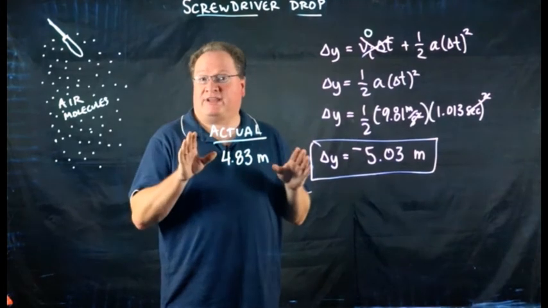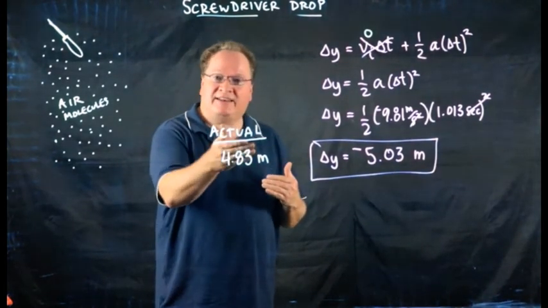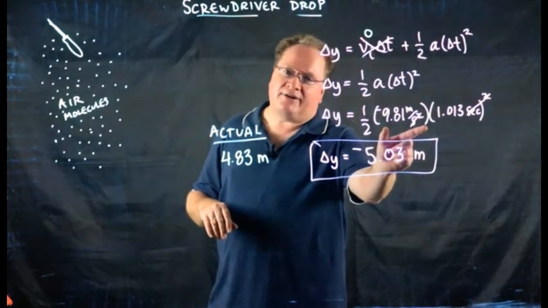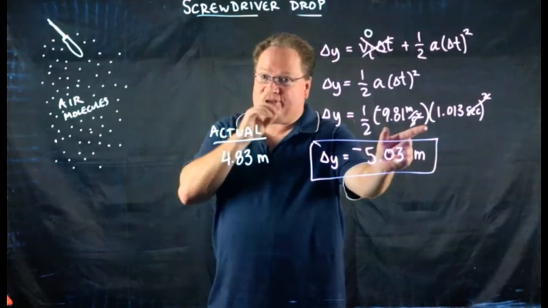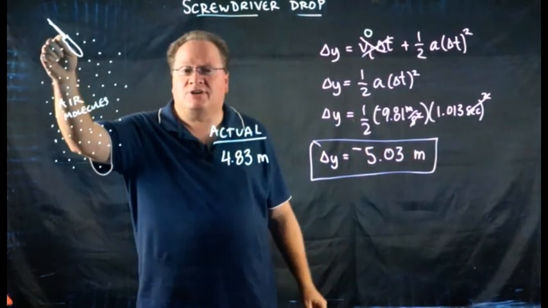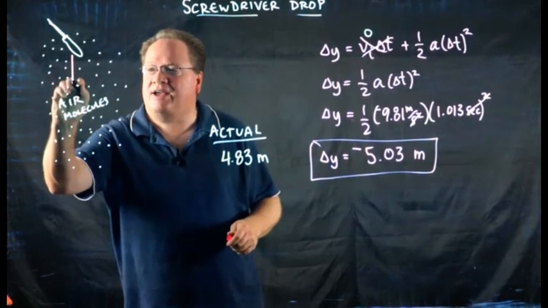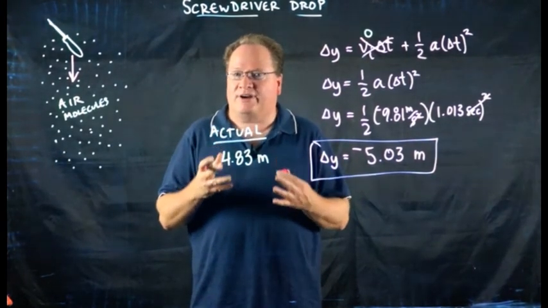But if we understand physics, we can even explain the difference that's here. Remember, I used this value right here, which is the accepted value for free fall acceleration. The issue was, was our screwdriver really experiencing real free fall acceleration?